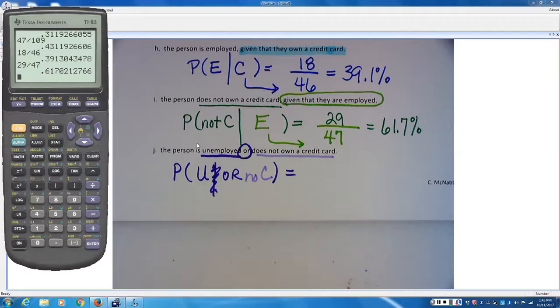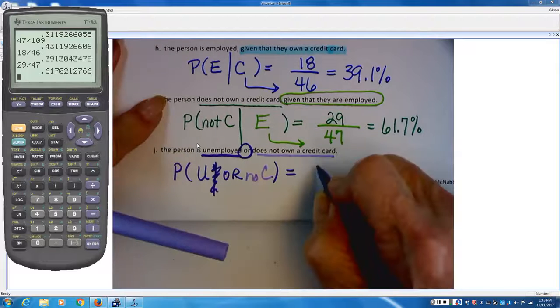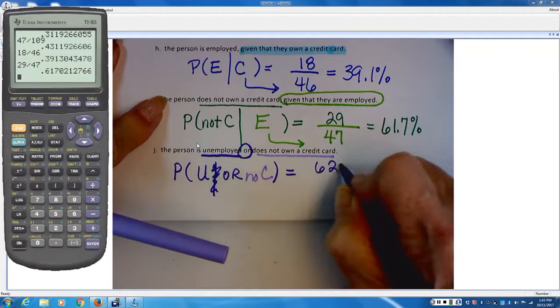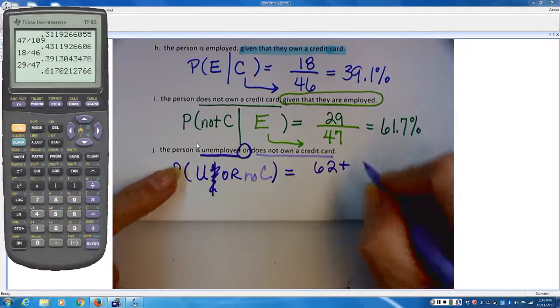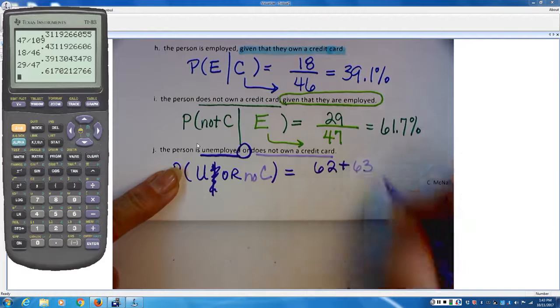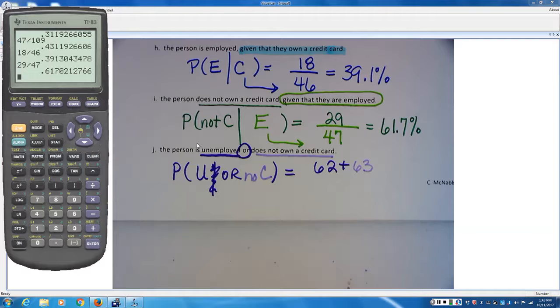How many unemployed people do we have? How many people do we have that don't have a card? Who did we count twice?